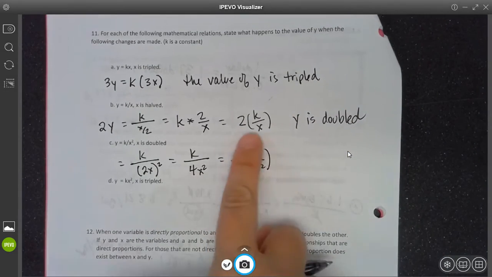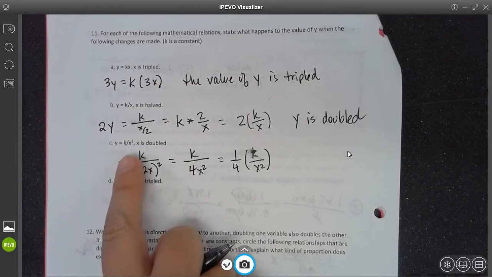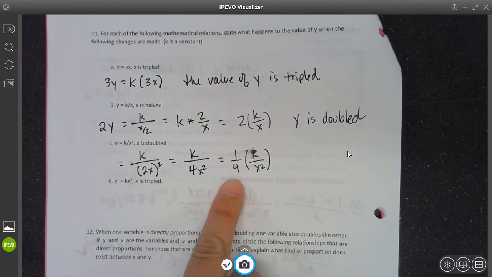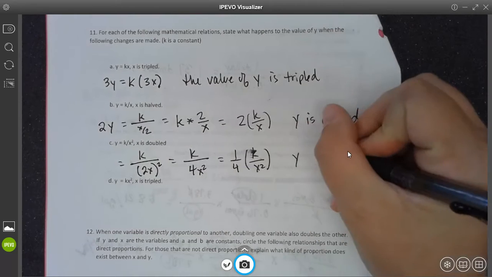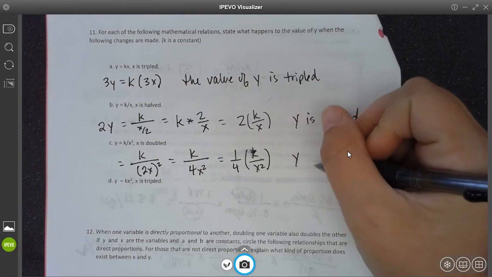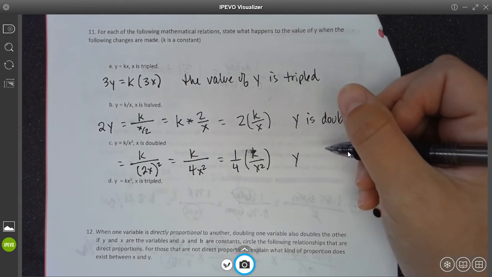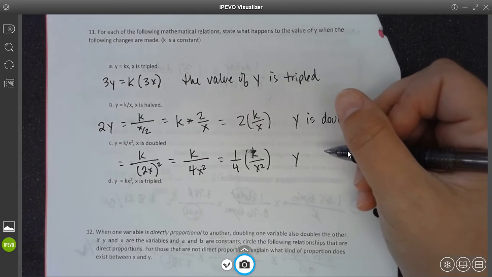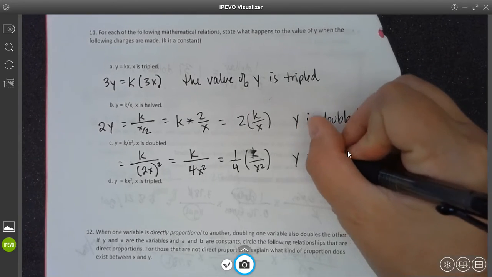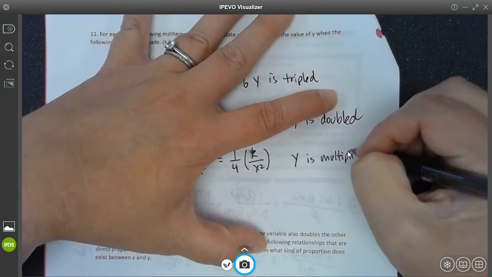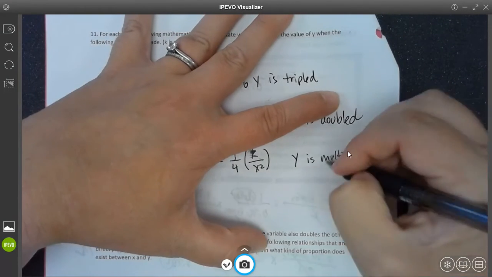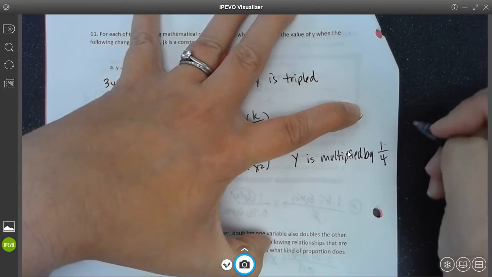So what actually ended up happening is when I doubled x, I actually multiplied that side of the equation times 1/4. So that means on the other side, sometimes I say y is quartered, but that doesn't sound correct to me. Yeah, so I'm going to say y is multiplied by 1/4.